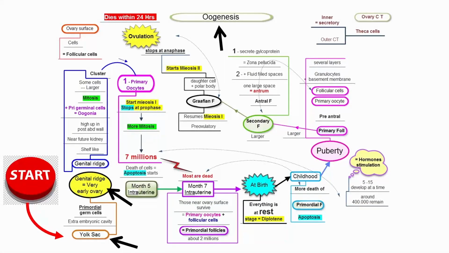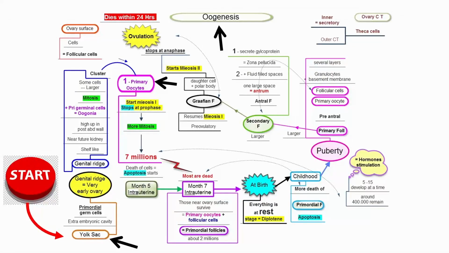The next idea is that there is a structure called the genital ridge, which is a very early ovary. It is the skeleton of the ovary. What is the basic knowledge of the genital ridge?